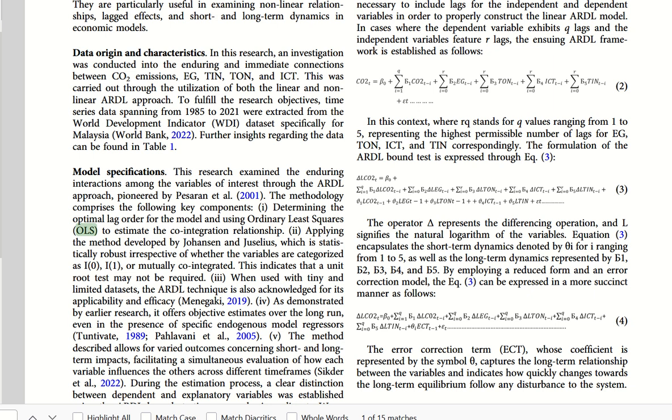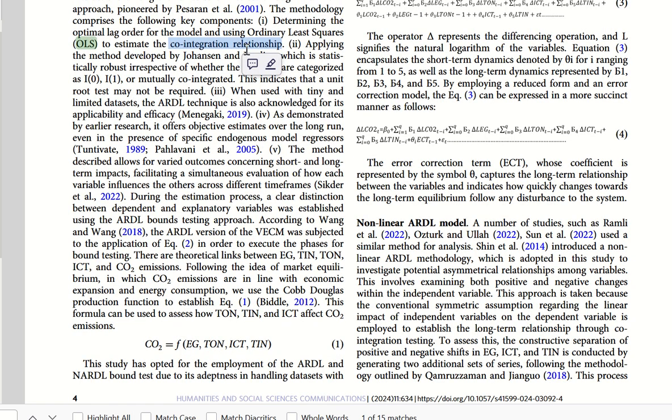Now we are moving forward to step 4, the co-integration concept. Co-integration means variables move together in the long run. The ARDL bound test approach separates dependent and independent variables clearly, and tests whether a long-run relationship exists or not.